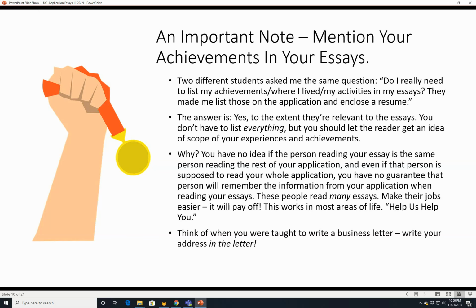If you're writing to some huge business in New York City, they probably get sacks and sacks and sacks of mail every day. If you're writing to Goldman Sachs, or NBC or something like that, there's no guarantee your letter will stay with the envelope. The guy who works in the mailroom isn't going to say, oh my gosh, I must staple this together to make sure they stay together.